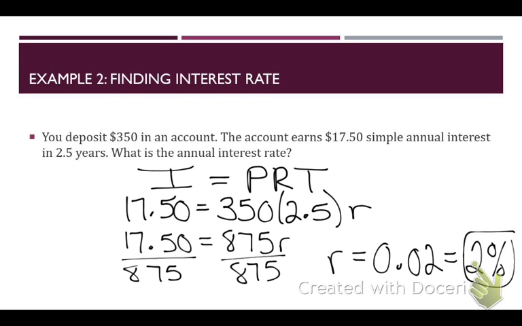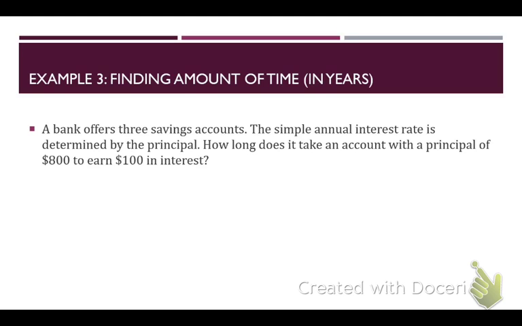Guess what's coming next? Time. A bank offers 3 savings accounts. And we actually need to look in our books. Oh, goodness, what page? It was 260, 261, I think? No, not 261, 267.